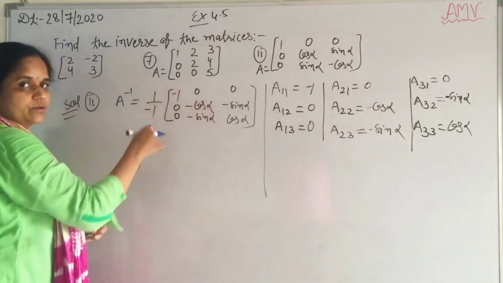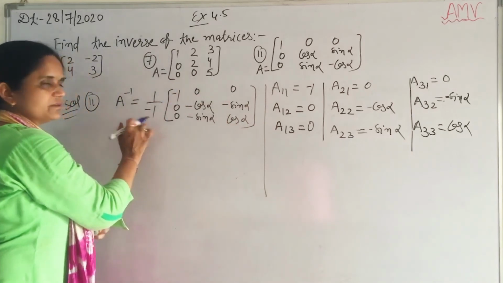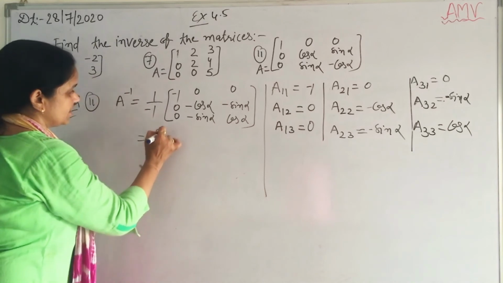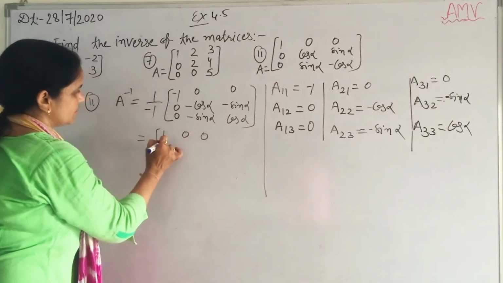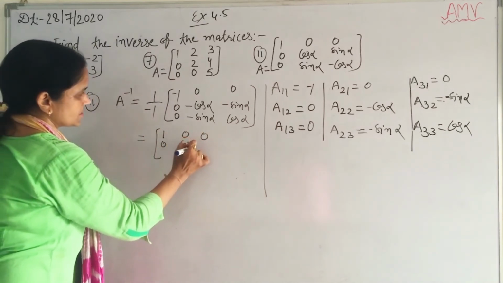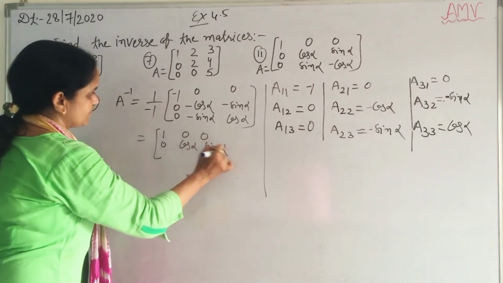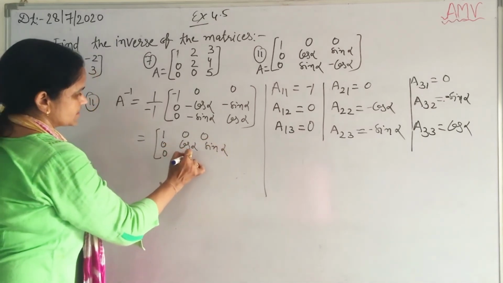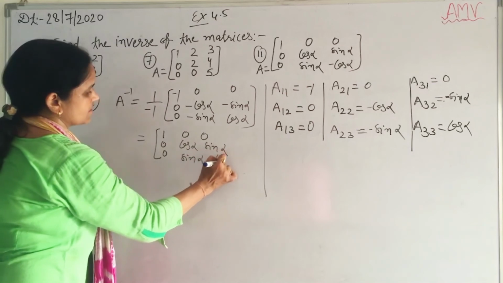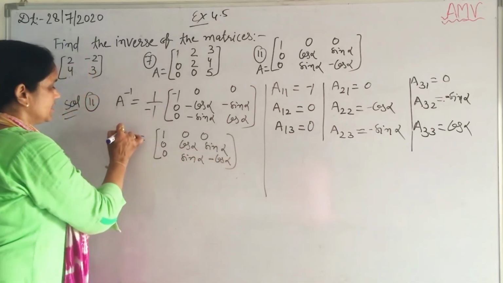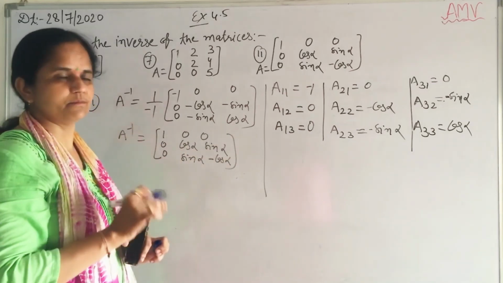Okay, and now multiply all elements with -1. We will get 1, 0, 0. Here 0, cos alpha, sin alpha. Here 0, sin alpha, minus cos alpha. It is the inverse of given matrix.